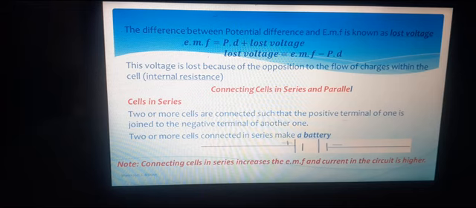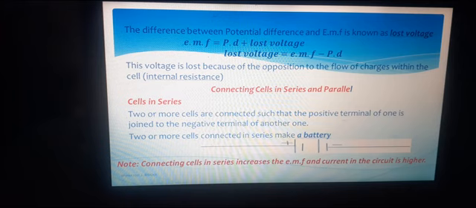Now we concentrate again on the part of connecting cells in series and parallel. Cells in series: two or more cells are connected such that the positive terminal of one is joined to the negative terminal of another one.